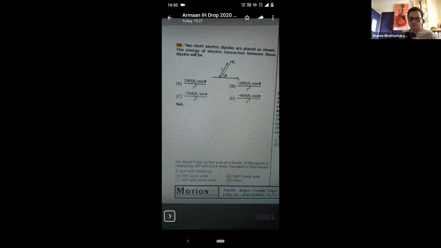Yeah, so both of you just go through this question. So you have two short electric dipoles. Short means the size of the dipole is negligible, okay, as shown. The energy of the electric interaction between these dipoles will be how much? You have to understand this.